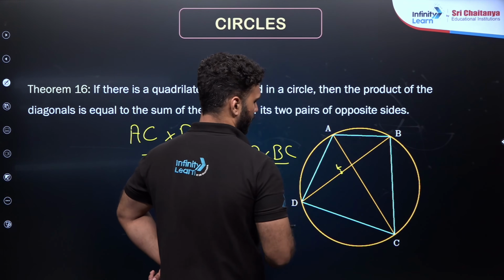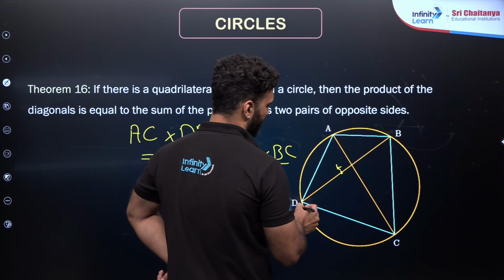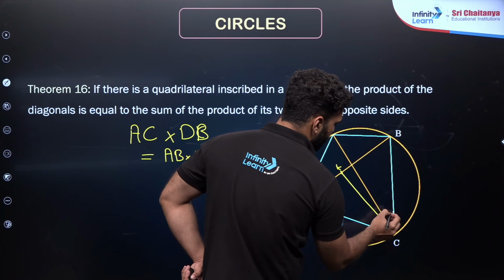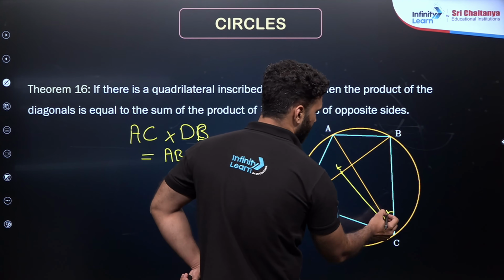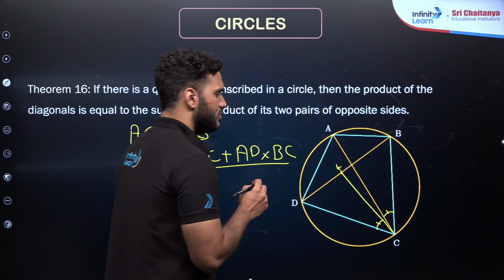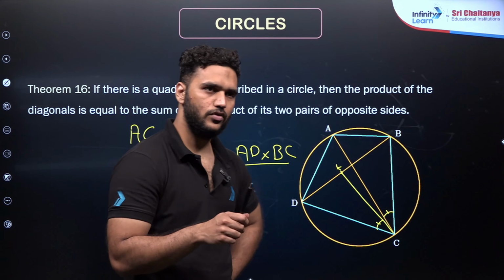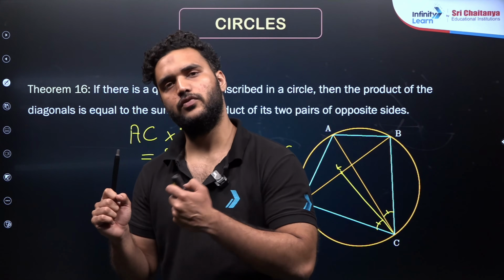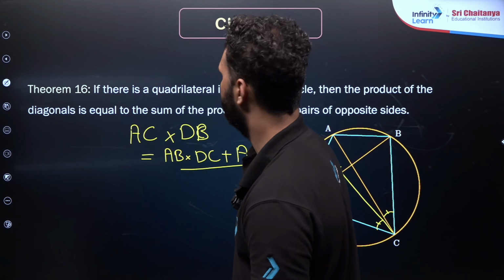This point K must be such that if you connect it with C, then this angle and this angle must be equal. Using this you can prove this property if you know the similarity of triangles. It's a complete concept. You will study that in your 10th class.